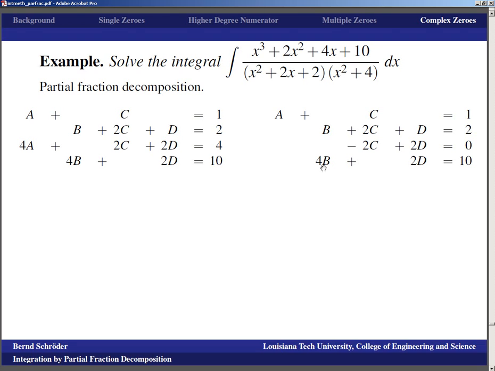Because now we have to eliminate the b's if we really want to go with a straight elimination algorithm that gives us a system in diagonal form. And so the next step probably is to subtract 4 times the second equation from the fourth equation. Yeah, that looks very much like what happened here, right?